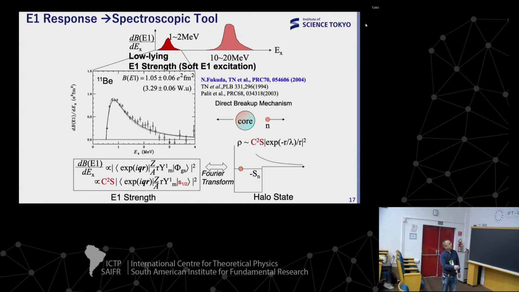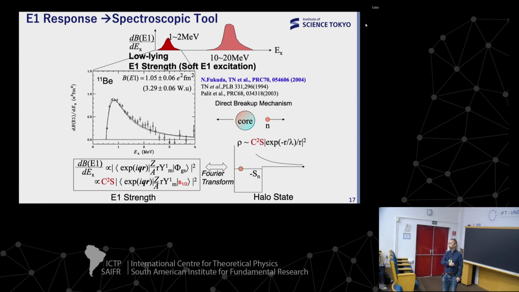But why then do we have this enhancement? This can be understood very easily. This is because the matrix element is like this: ground state, halo wave function, E1 operator, and the plane wave.